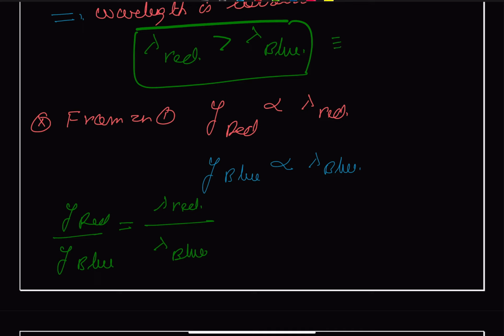And from here we can say that the ratio red upon blue is greater than 1. So our y of red is greater than y of blue.